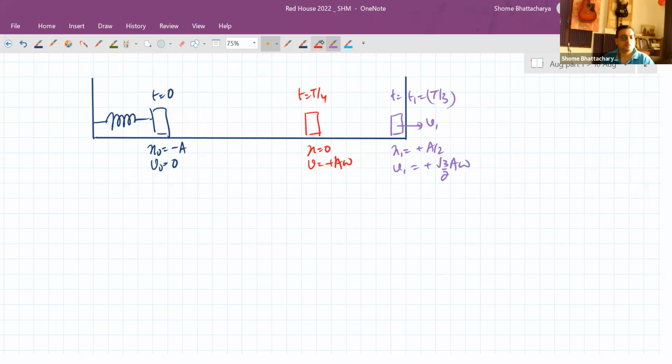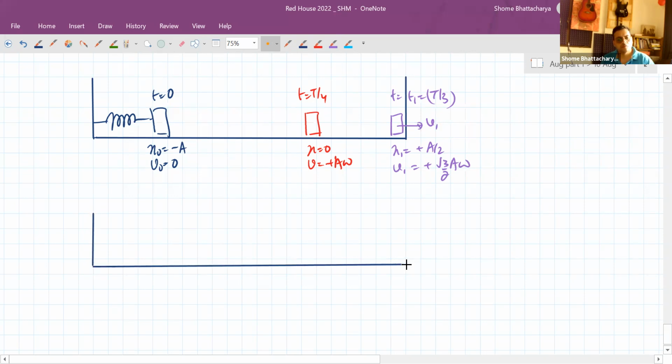Okay. Now, if the collision is perfectly elastic, what will happen immediately after that? You just reverse its direction, rest everything remains the same. So just after impact, neglect the time of impact. So the time from the beginning is still T by 3 only, but its speed has become like this now.